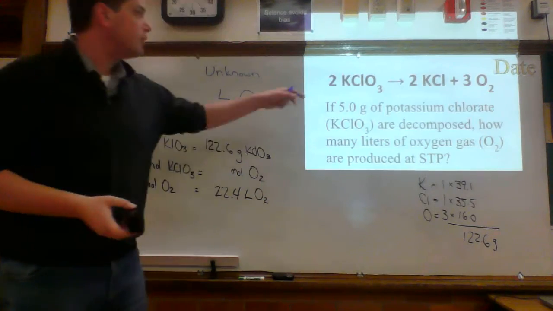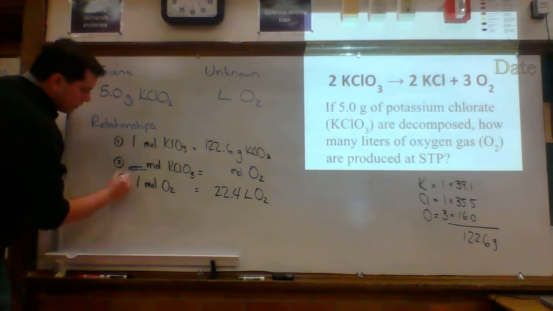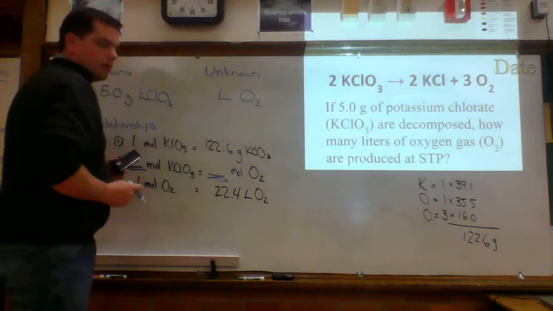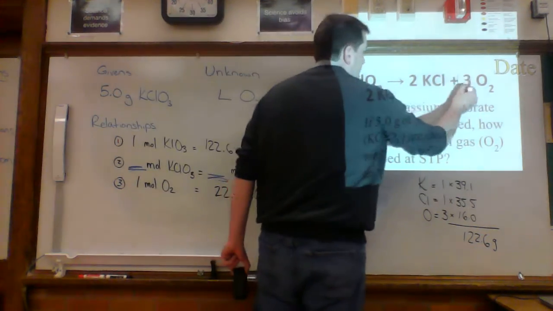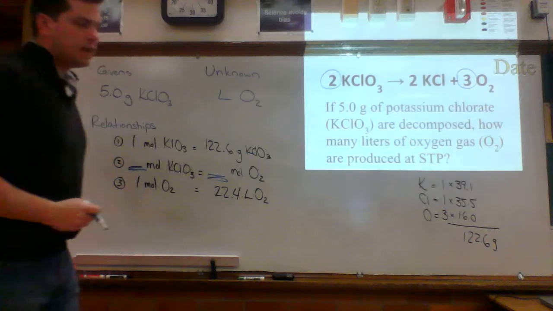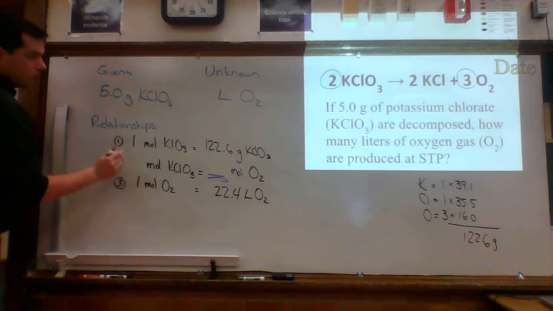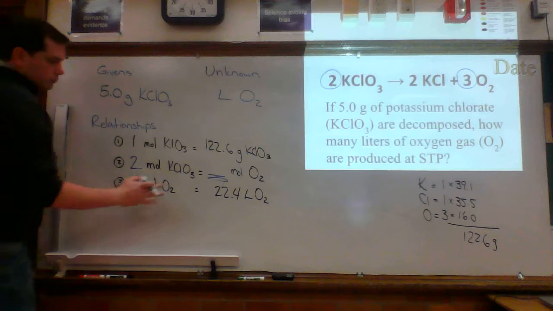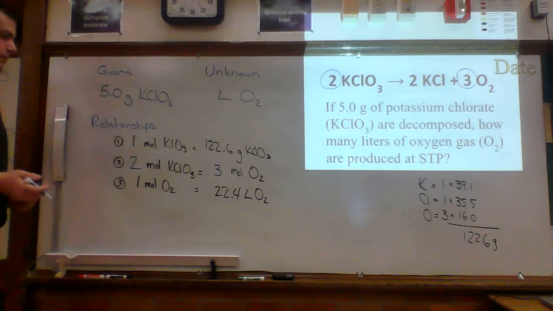Let me back up to my original slide. The number that goes here and the number that goes here come from the coefficient in front of the chemical. So this would become 2, and this one should be 3.